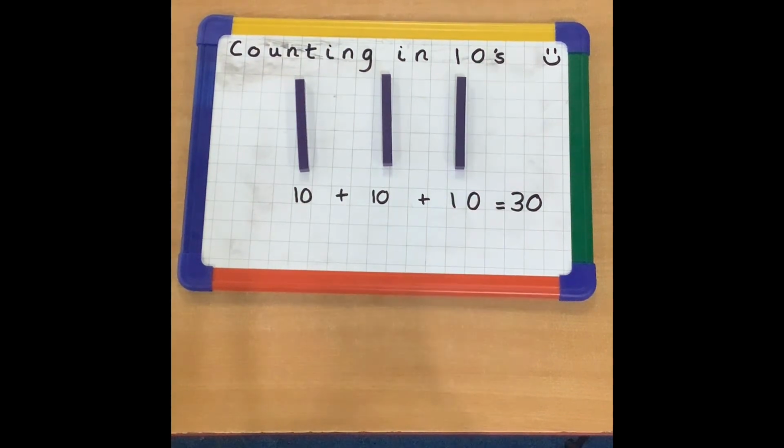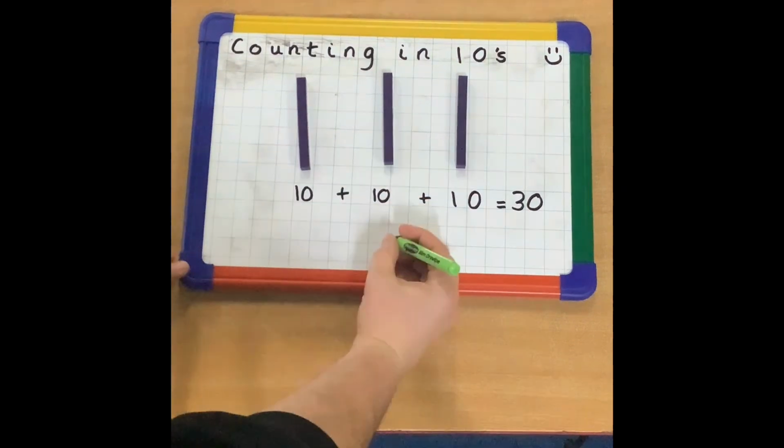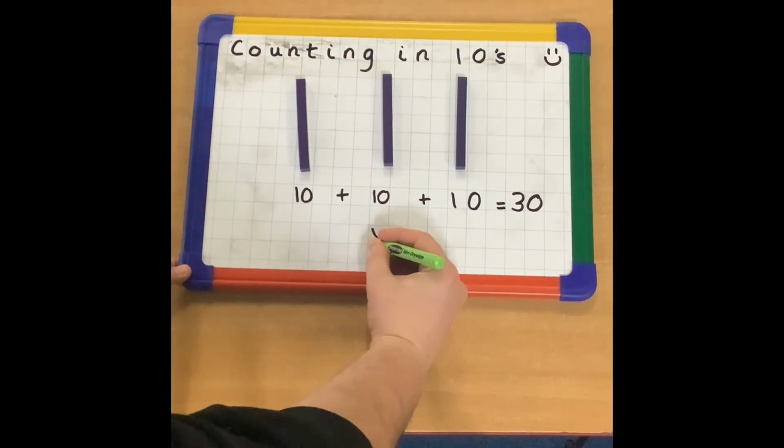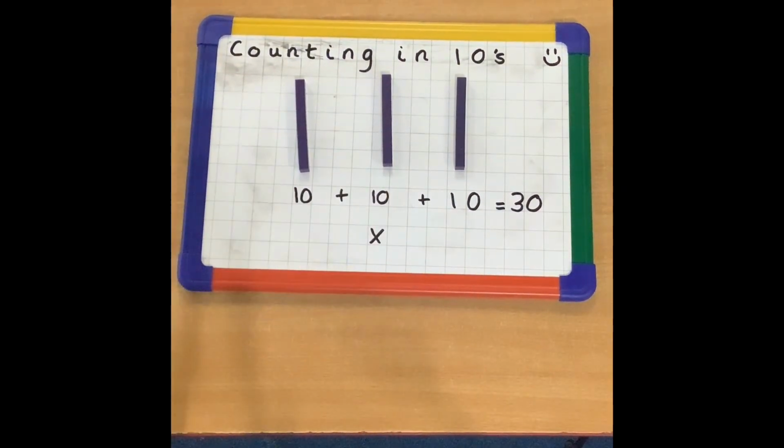Going back to using our cross sign, our multiplication sign, or our times sign, we know that is telling us how many times we need the number. So I'm going to write our cross sign here. Times. We need the number 10.